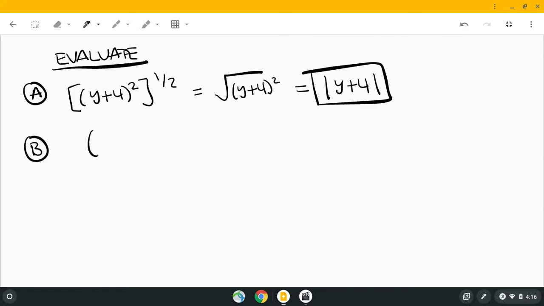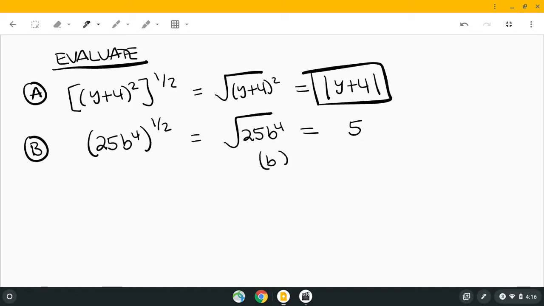Suppose that I have this one, 25 b to the 4th, everything raised to the 1/2. That 1/2 again is the square root. So the square root of 25b to the 4th: the square root of 25 is 5, and b to the 4th is b squared squared, so we have b squared.